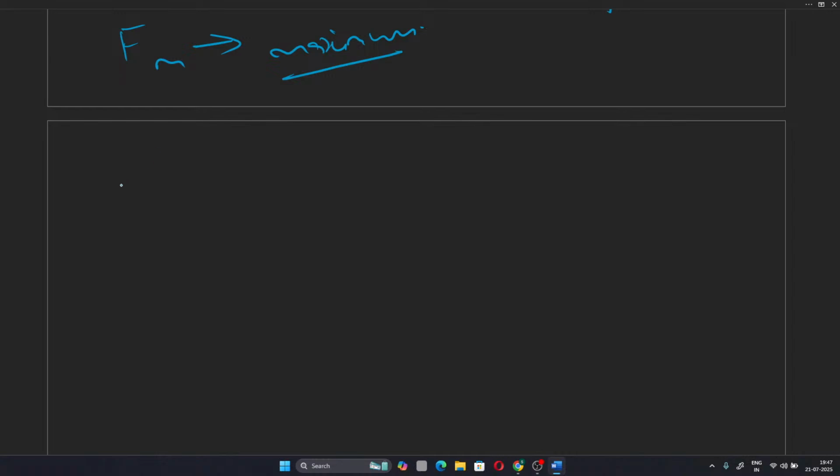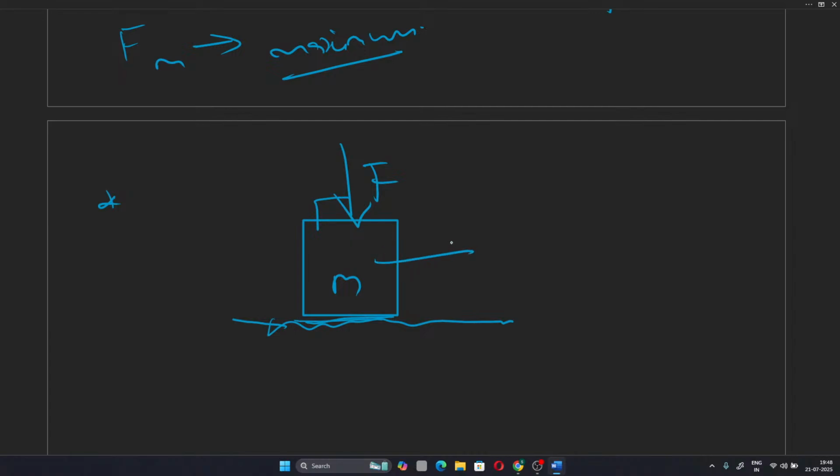In this case, this magnetic force, let's take a mechanics example. This is a block of mass M, this is a rod or something like that. Let's assume we apply a force which is perpendicular to the velocity.